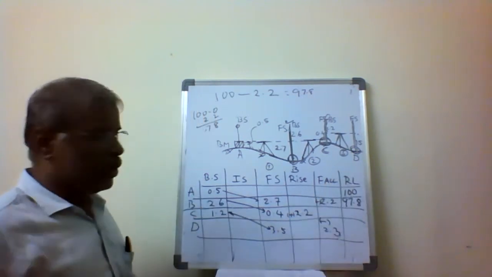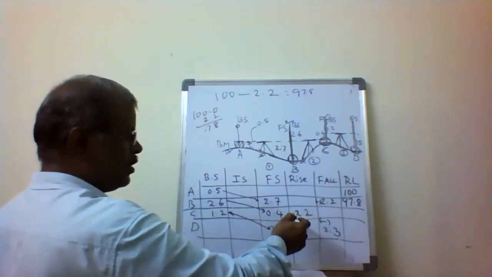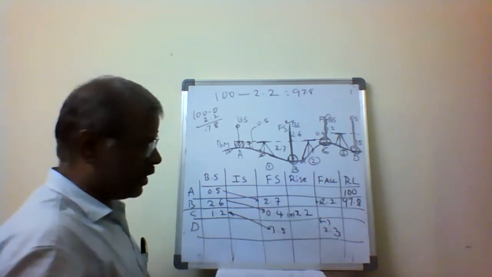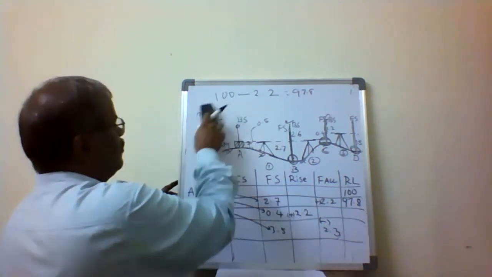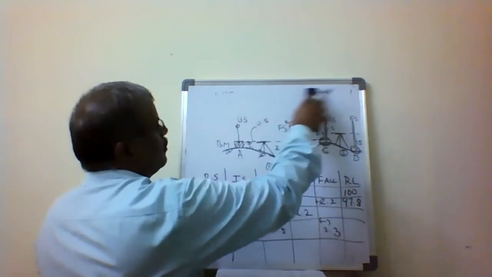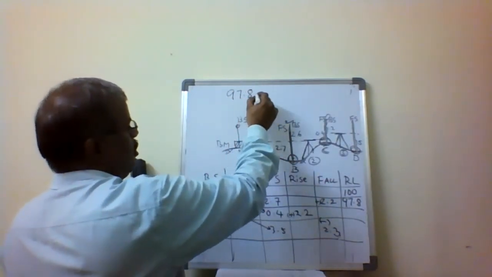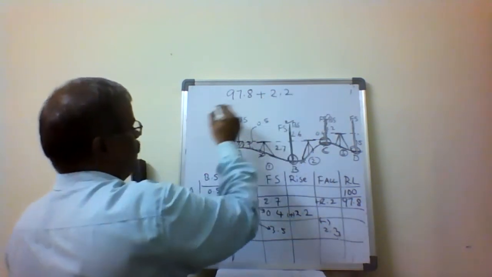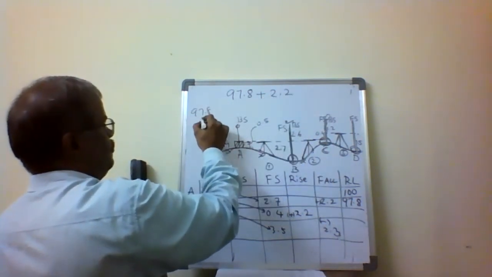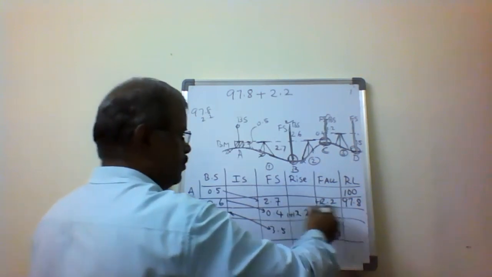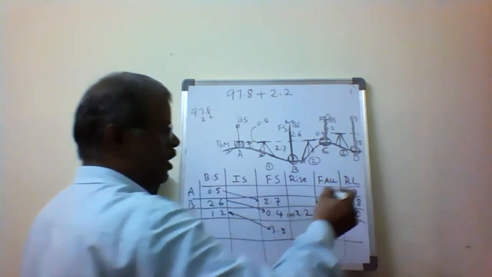Now what do I have to do? Here the positive value 2.2 is a rise, so I have to add it: 97.8 plus 2.2 gives 100, the elevation of that point.